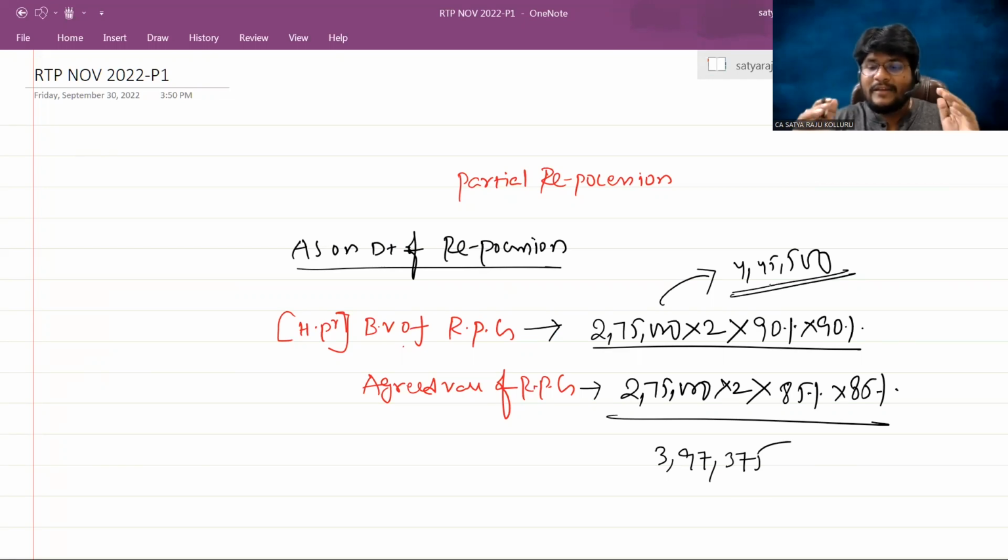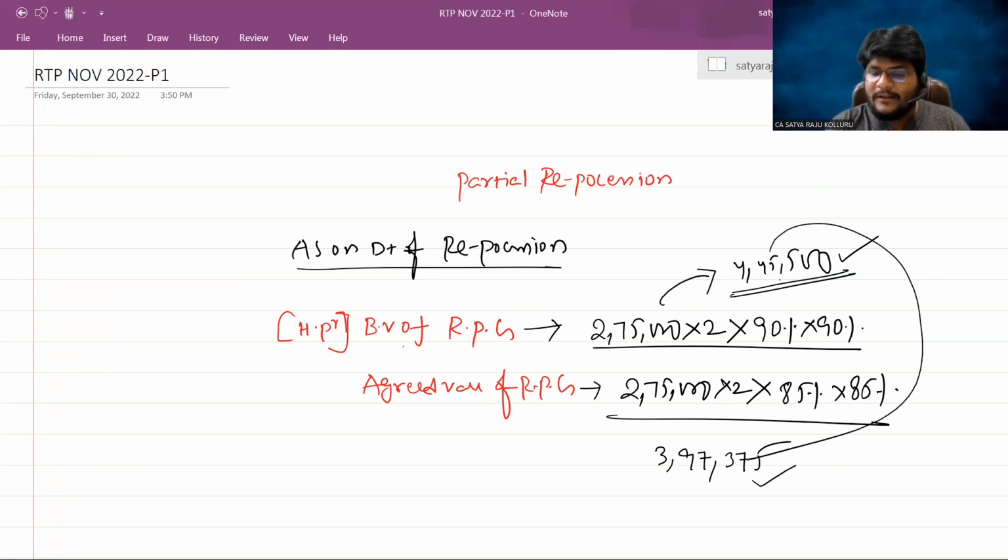If they want to resell in the outside market, they will get 4,45,500. But right now, the hire vendor is communicating to the hire purchaser that I will buy such repossessed goods at the rate of 3,97,375 only.